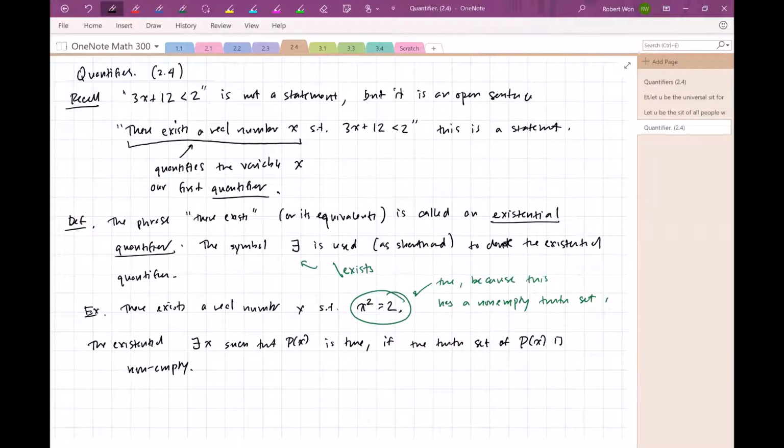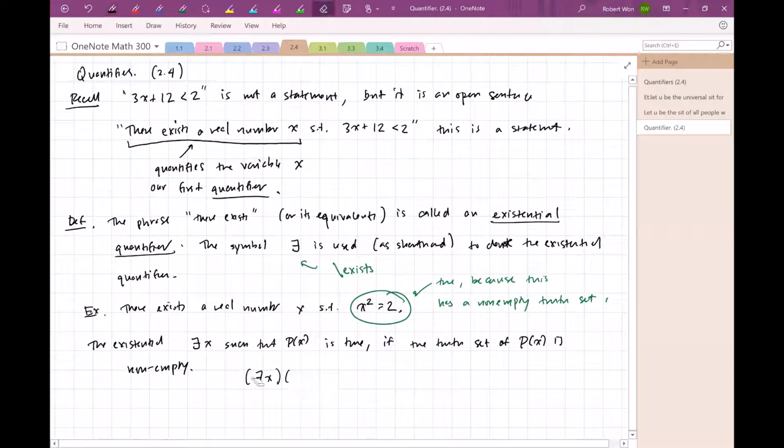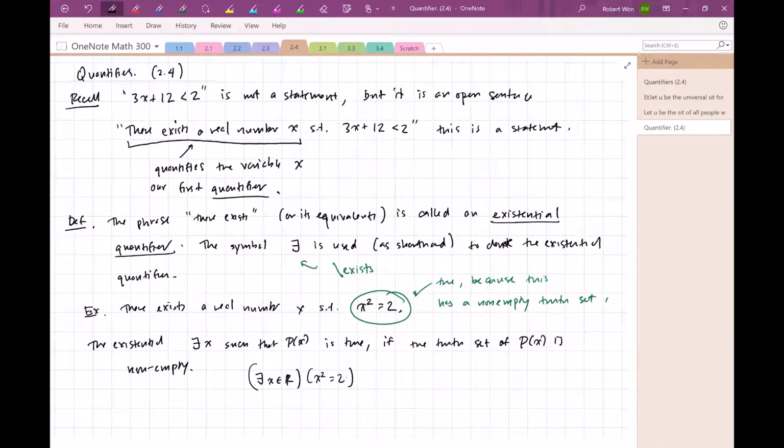On the other hand, it's a really useful shorthand because you can write it extremely quickly, which means that if you're thinking about something or taking notes, it's much easier to write this. Let's even do it like this: there exists an x in R such that x squared equals 2. This is how you might write it symbolically. This is just shorthand though.